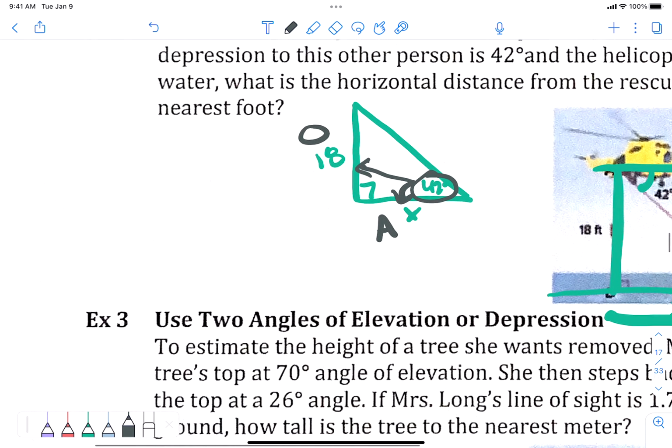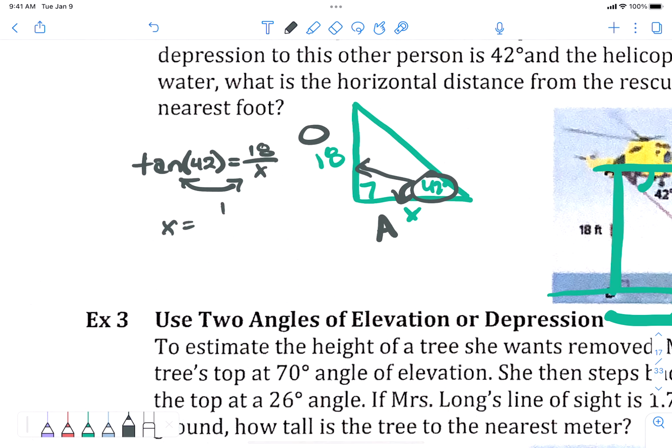Adjacent. So this is tangent also, but this time it's tangent of 42, and this equals 18 over x. So we're going to do a little switcheroo again. We're going to swap those two values. x is equal to 18 over tangent 42. To the nearest foot would be 20 feet.